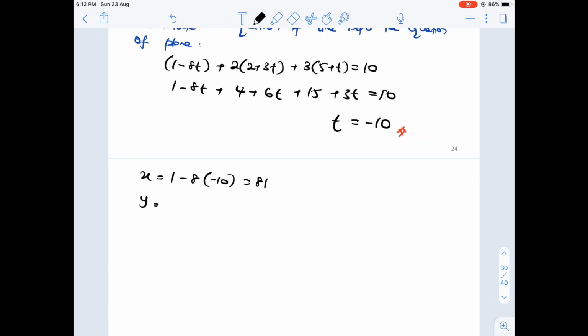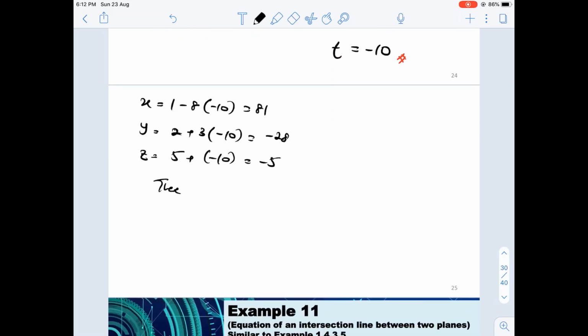And then y equals 2 plus 3t, so 2 plus 3 times negative 10, so we have negative 28. And then z equals 5 plus t. Sorry, there is no 3. Okay, so 5 plus negative 10, we get negative 5.